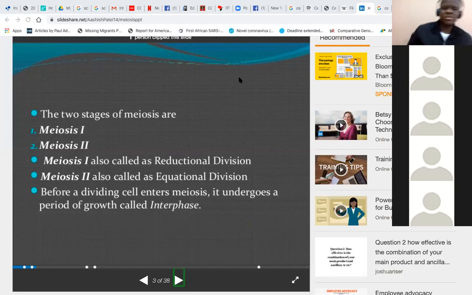Meiosis happens to the sex cells of the parents before fertilization. The sperm cell will not contain the 46 chromosomes that the cells of the father have. It will contain only 23 chromosomes.